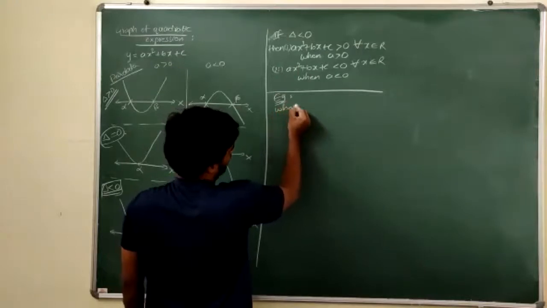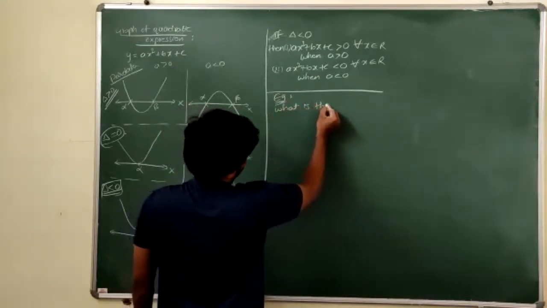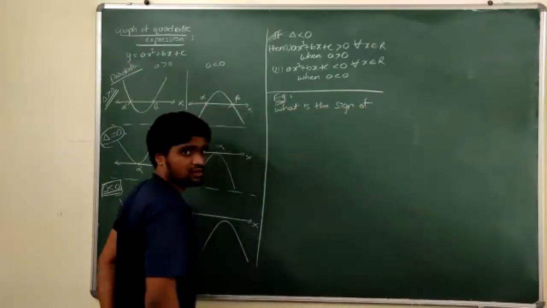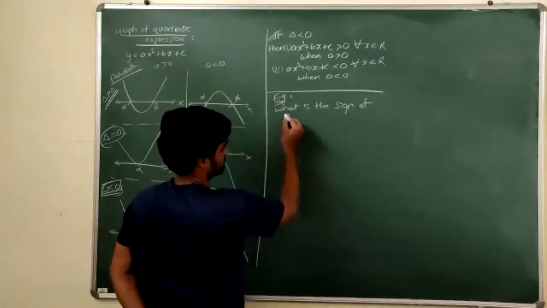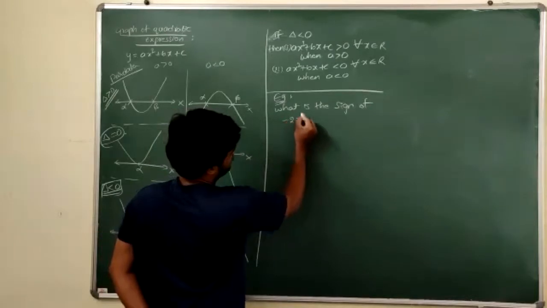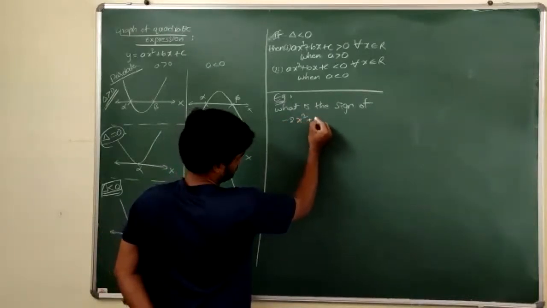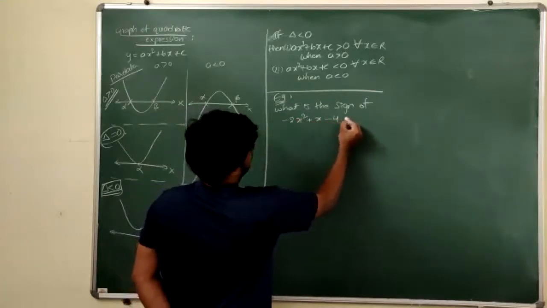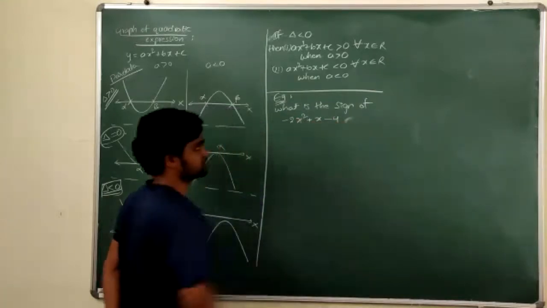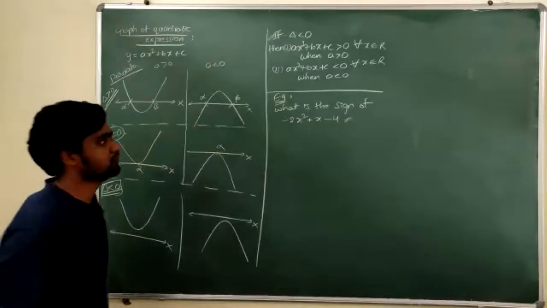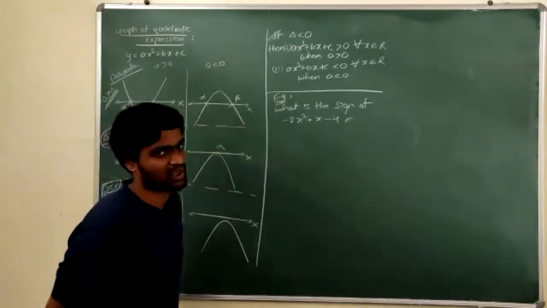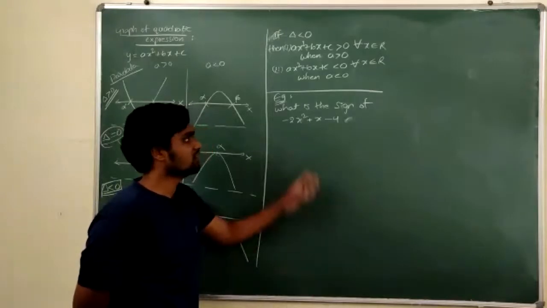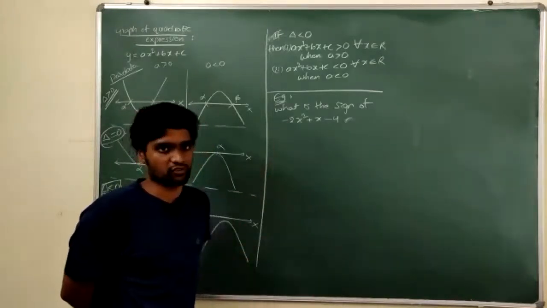What is the sign of minus 2x square plus x minus 4? That's it. What is the sign of minus 2x square plus x minus 4? That is the question. What is the sign of it means? Is it positive or negative? That is my question.